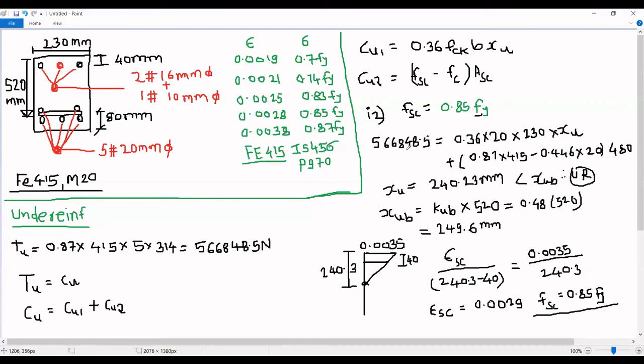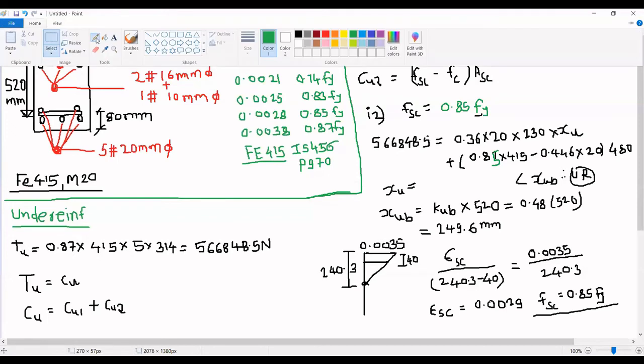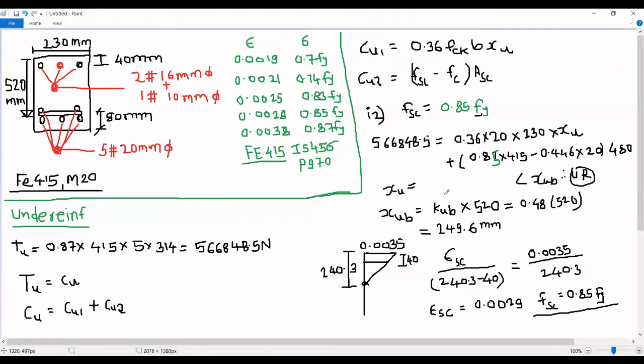Tensile force on the left hand side remains the same, except here instead of 0.87, I will have to write 0.85. If I do that, let us see what is the value of XU that I get. I get the value of XU as 242.63 mm. As can be seen readily, it is less than XUB and therefore the section is still an under-reinforced section.